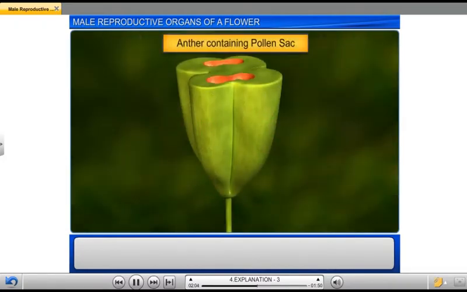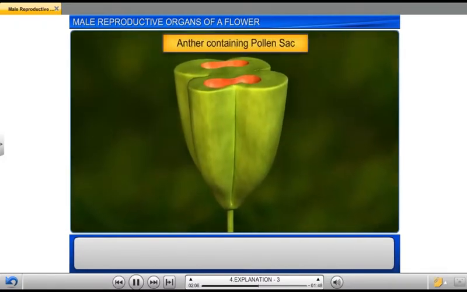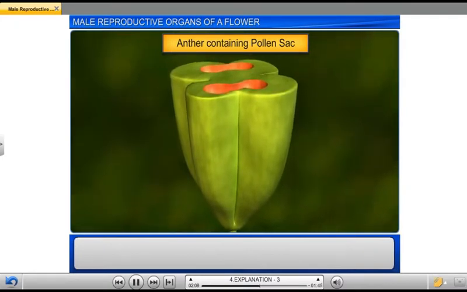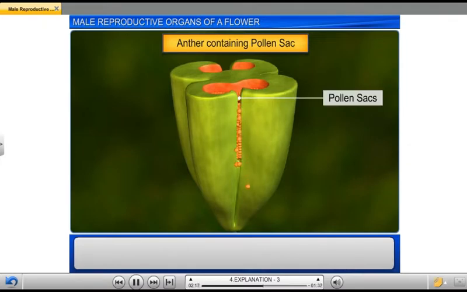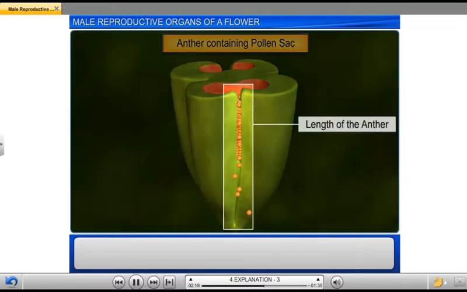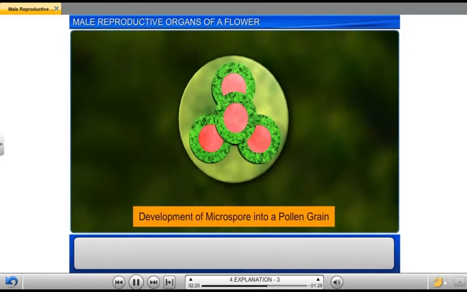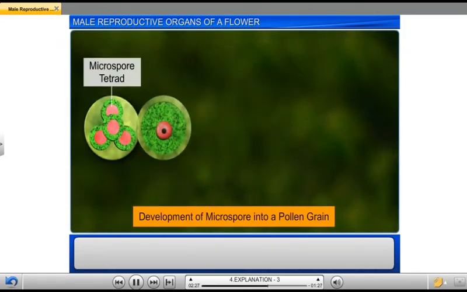As the anther begins to mature, both the microsporangium and microspores undergo changes. While the microsporangium develops into the pollen sacs that extend longitudinally through the length of the anther, the microspores separate from the tetrad and develop into pollen grains.